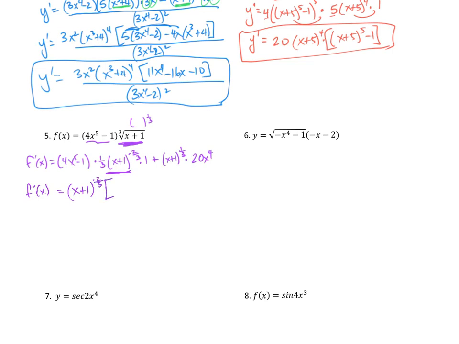I will be left with, inside a big bracket there, this 1/3 times the 4x to the fifth minus the 1. And that's on this side. Now on the other side, where this plus was, now I took negative 2/3 out, I'm just going to end up with 1 whole one of these times this 20x to the fourth. And that was the trick I wanted you to see there.